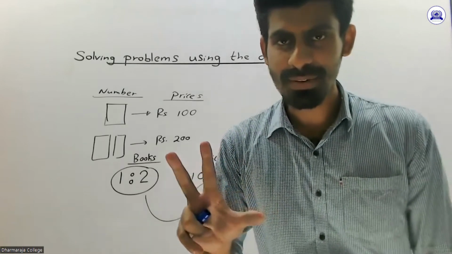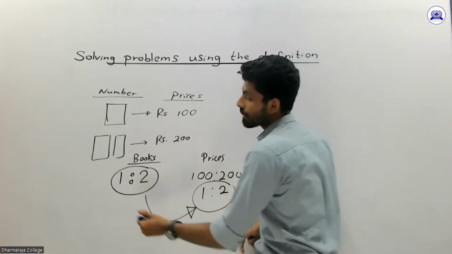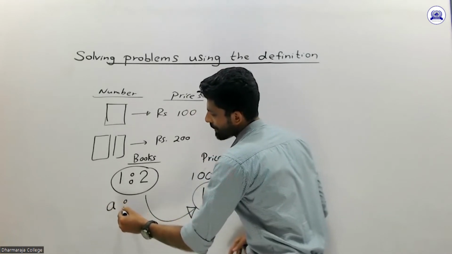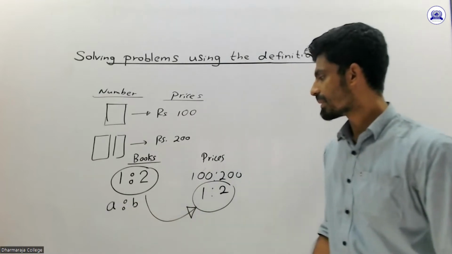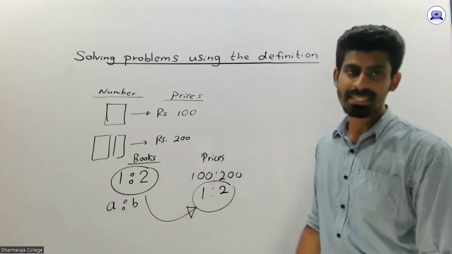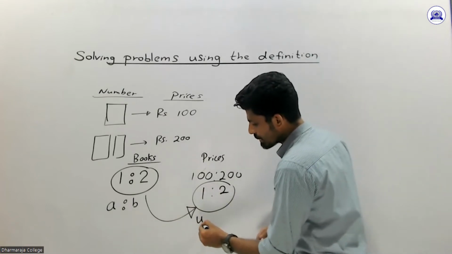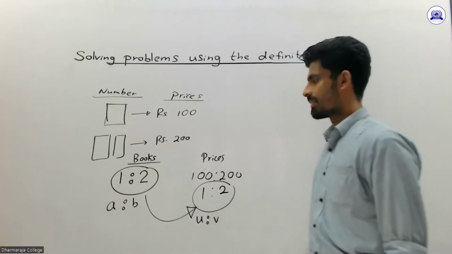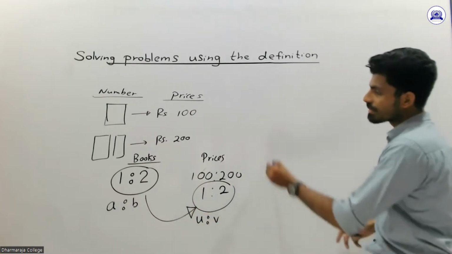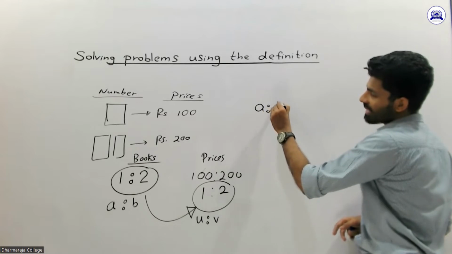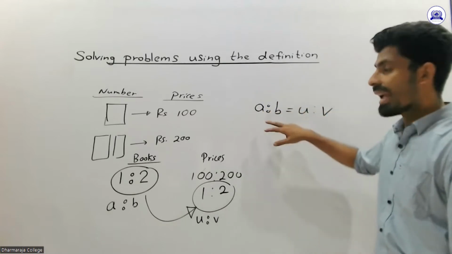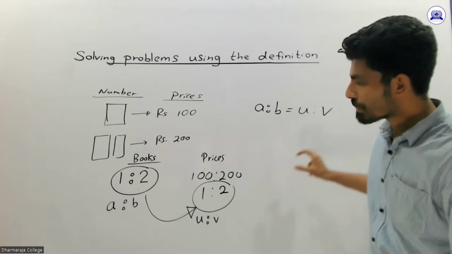Consider A to B. Then the corresponding values, U to V. That means A to B equals U to V.